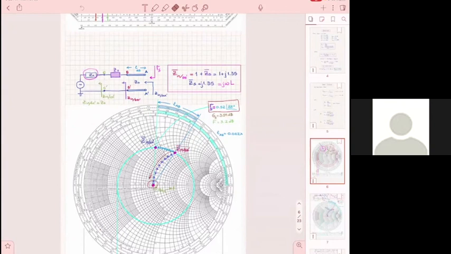So the source is at the input impedance. But for that input impedance, since I would move towards the generator all the time, I moved from here and then I moved up here, but then I should have moved all the way around it.